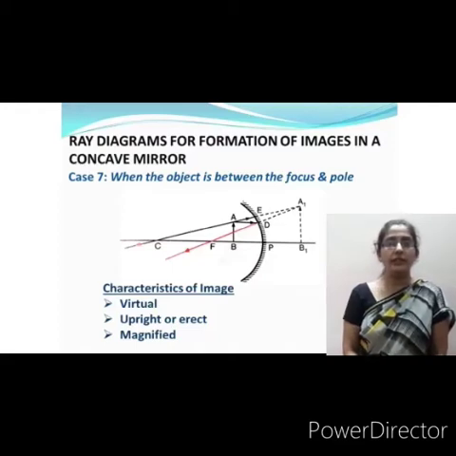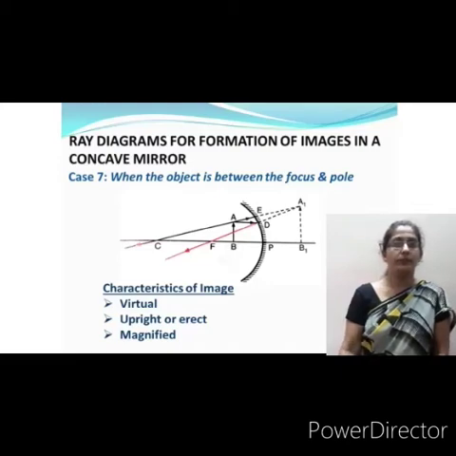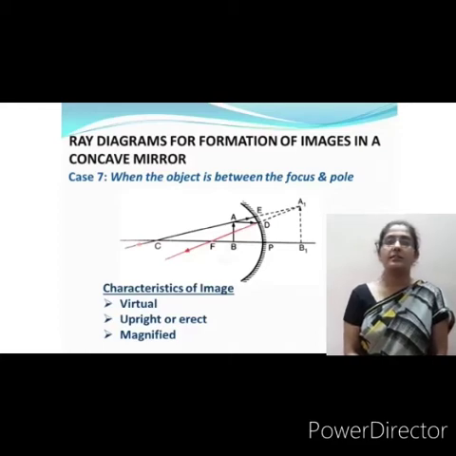But these two rays, when produced after reflection, will never meet each other and they will diverge. So when produced at the back of the mirror, an erect, virtual and magnified image will be formed, that is A1B1. So what will be the characteristics of the image? The image will be virtual, upright or erect and magnified.